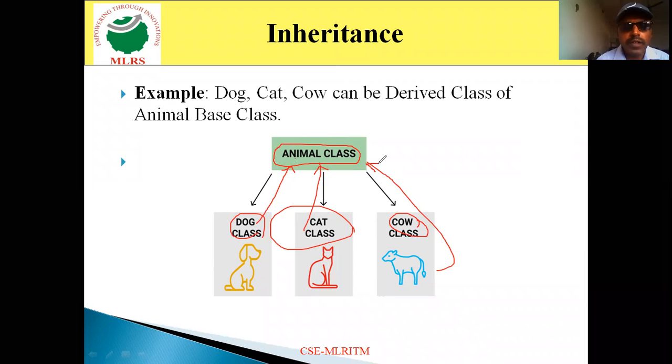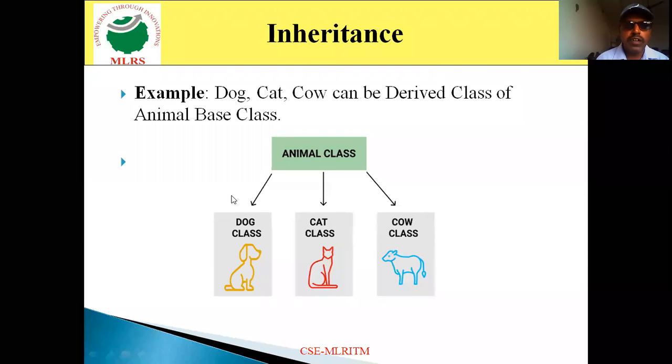For example, assume in the animal class there is a property like 4 legs. So that 4 legs will be present in the dog class, cat class, and cow class also. So these properties are acquired from the animal class. This is what inheritance means: getting or inheriting the properties from another class.